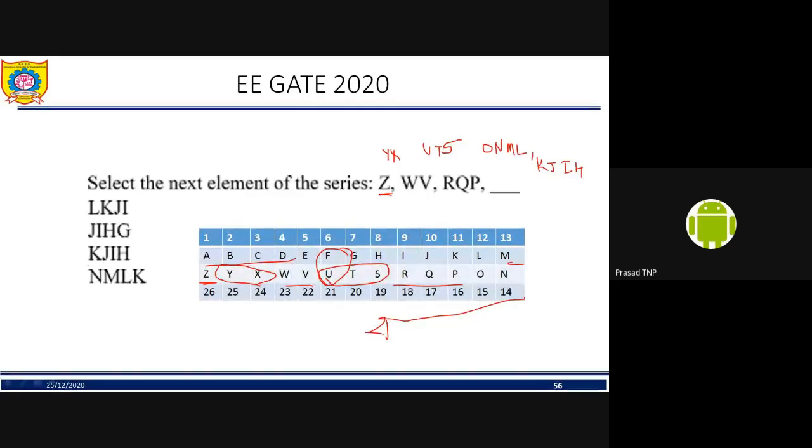K, J, I, H, C. So actually alphabet series is very simple, but you should know this alphabet table. Then only it is simple for you. So within 15 to 20 seconds you can solve this question also.